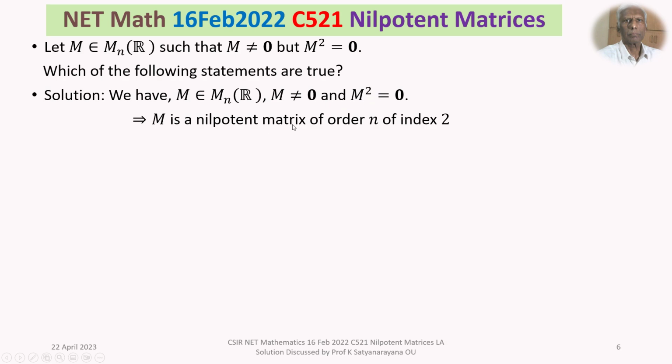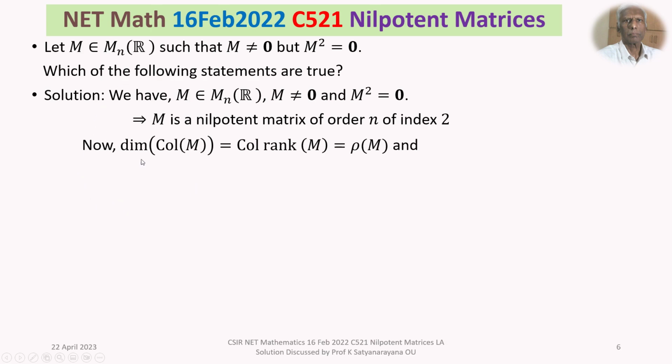Now, the options are given in terms of the dimension of the column space of M and the dimension of the null space of M.